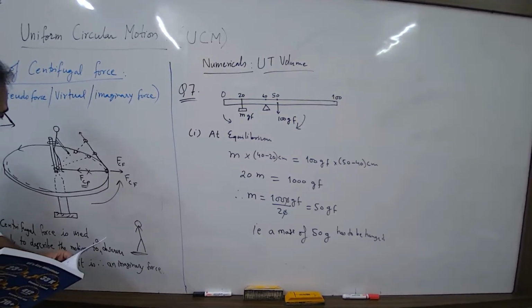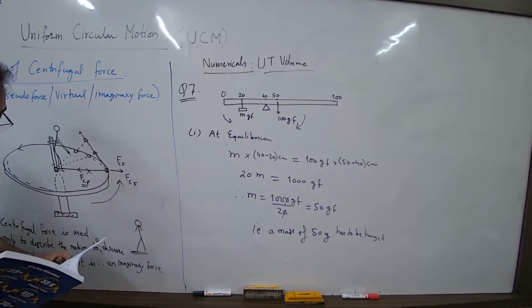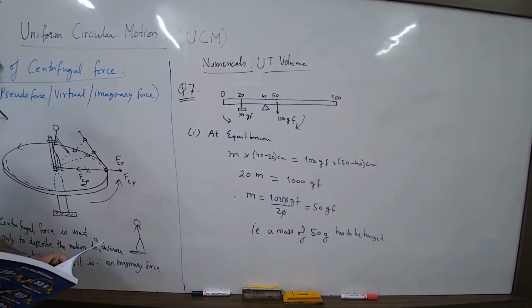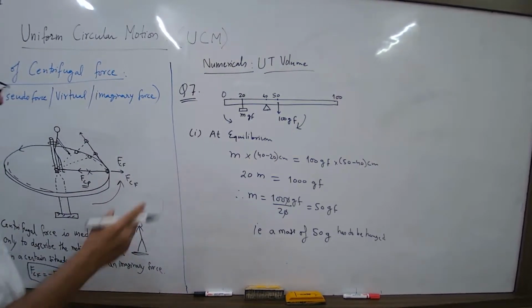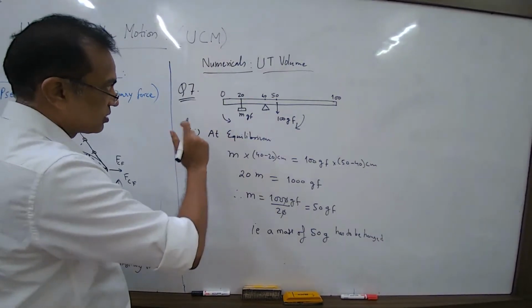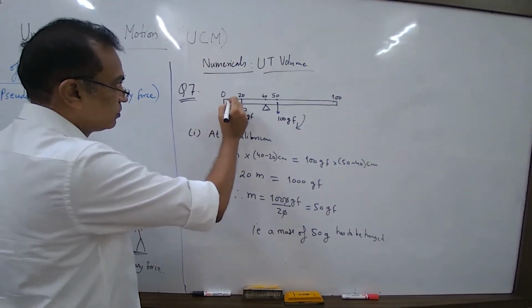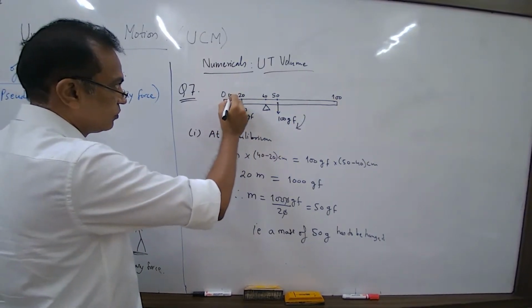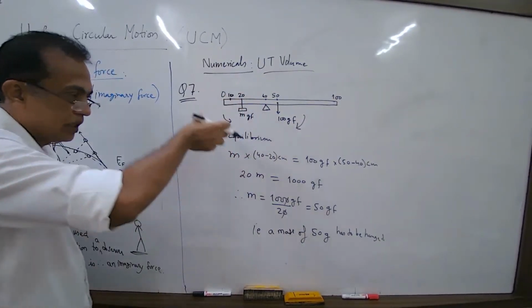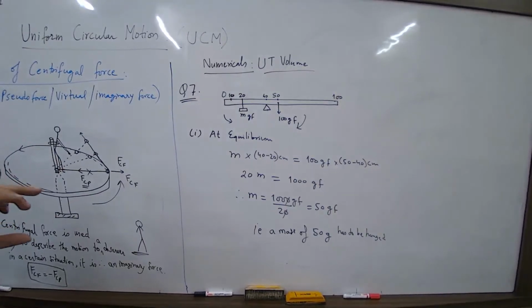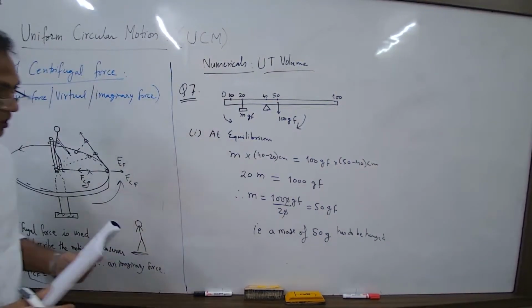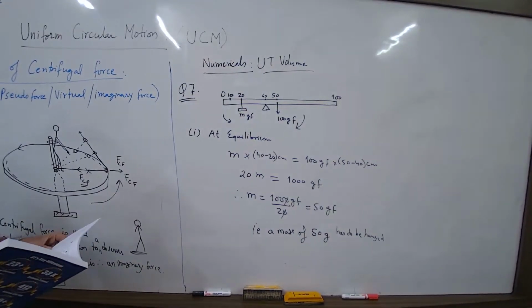Now, what is the second part of the question? To which side will the rule tilt if the mass is moved to 10 centimeters? Now, in this situation, it is balanced. So if I move this mass to 10, what will happen? The anti-clockwise moment would increase. It will tilt on the left side.